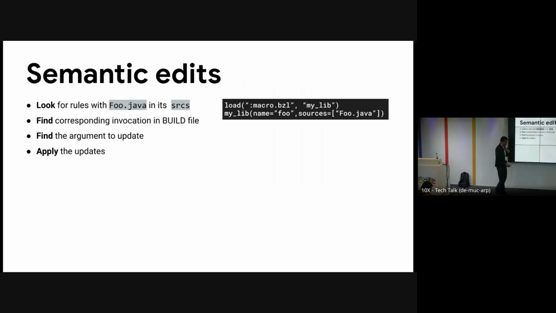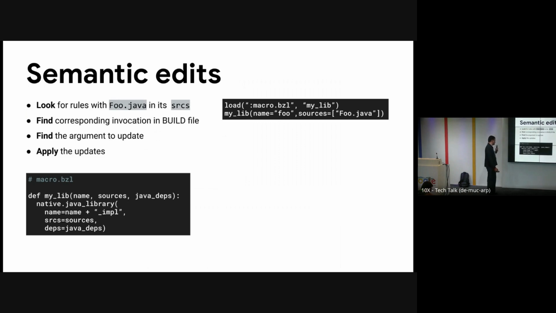It is not srcs, but some sources. And it turns out that this BZL thing just creates a Java library whose name is slightly different. And for fun, it renames SOURCES to SRCS. And it takes an additional argument called Java deps, which it maps to deps.